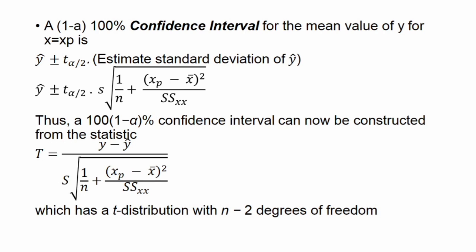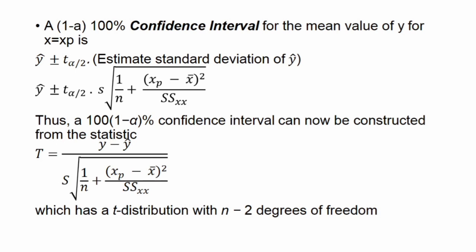A 1 minus alpha times 100% confidence interval for the mean value of y for x equals xp is y hat plus minus t alpha over 2 times the estimated standard deviation of y hat. The formula can be seen on the screen.